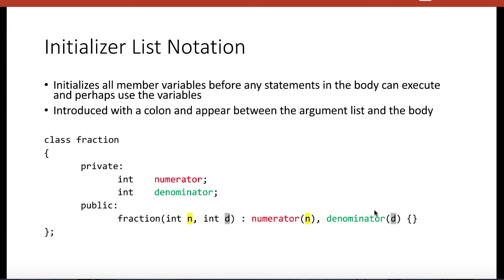Now we have these curly braces at the end because it still has to be in function form. So when you end your initializer list, always end it with either an actual function definition, or open and closed curly braces indicating a function that doesn't return or do anything within it.